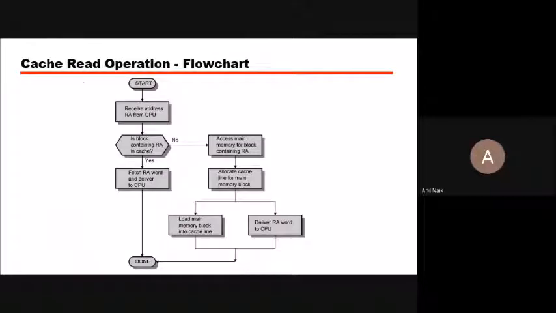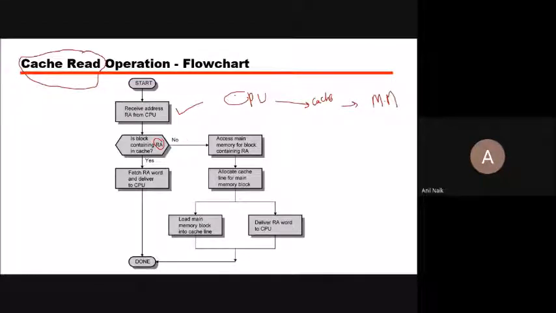Okay, so this is the flowchart of how the cache memory read operation takes place. It receives the address from the CPU, then checks: is the block containing that address in the cache? It will check the cache memory first, then main memory.